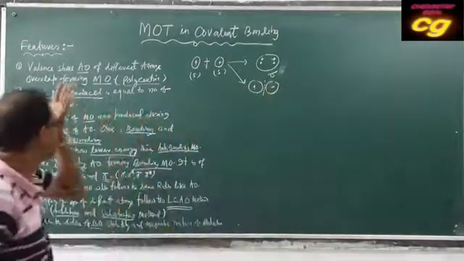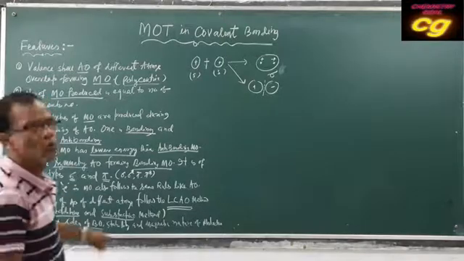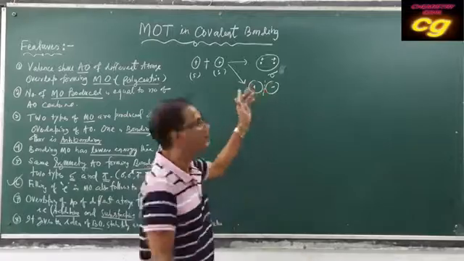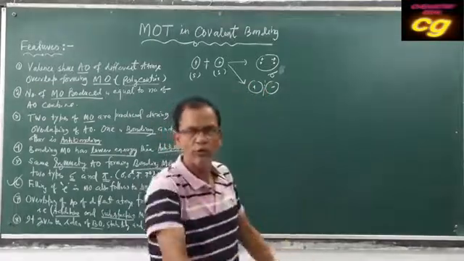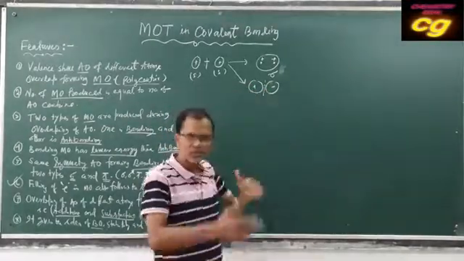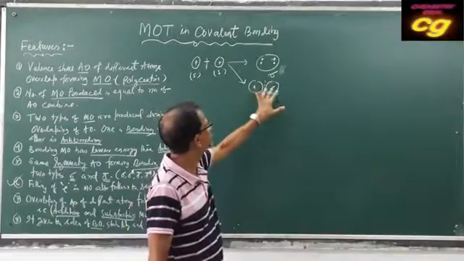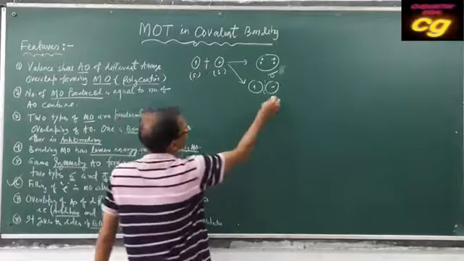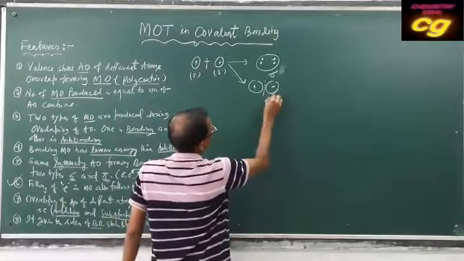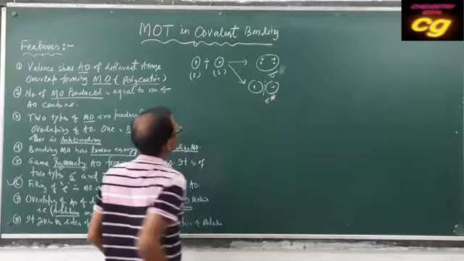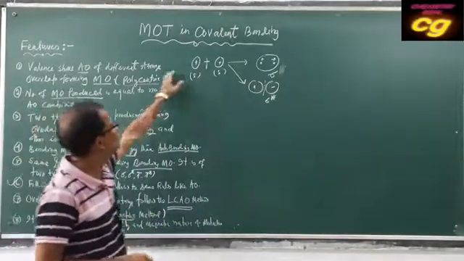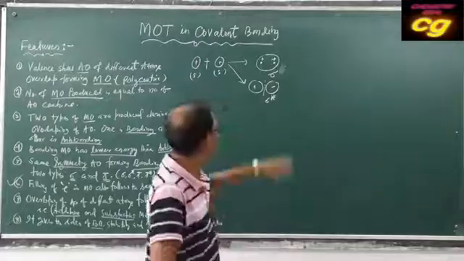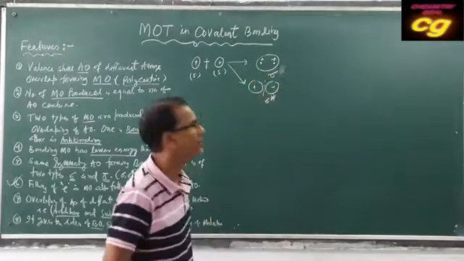That means there is no contact between the atomic orbitals. The separation will be more, so repulsion will be more, so energy will be increased. This is called sigma star. So the combination of two atomic orbitals produces two molecular orbitals, one bonding and another antibonding.